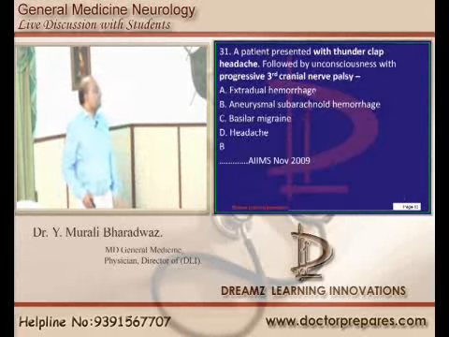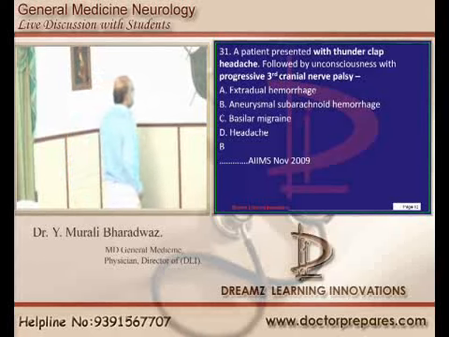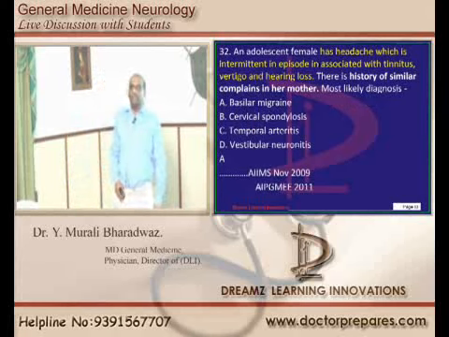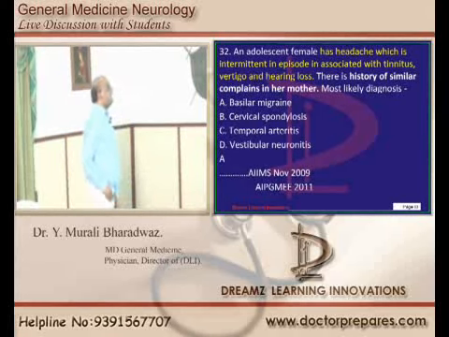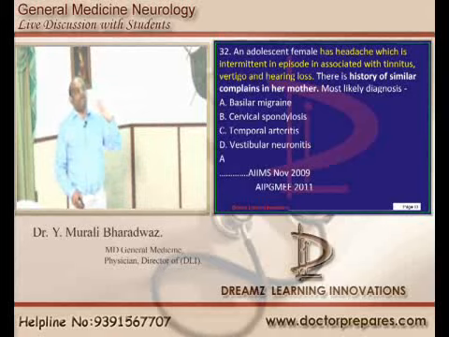Now, once more, thunderclap headache with third cranial nerve palsy. Straight away you will answer it as aneurysmal subarachnoid hemorrhage. Now an adolescent female has a headache, along with tinnitus, vertigo, hearing loss, and there is a history of similar complaints. Her mother is also having that.